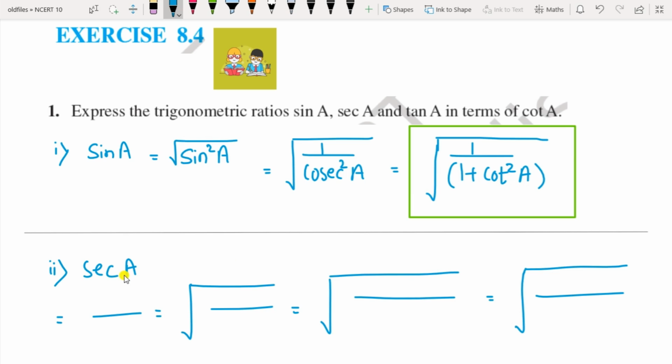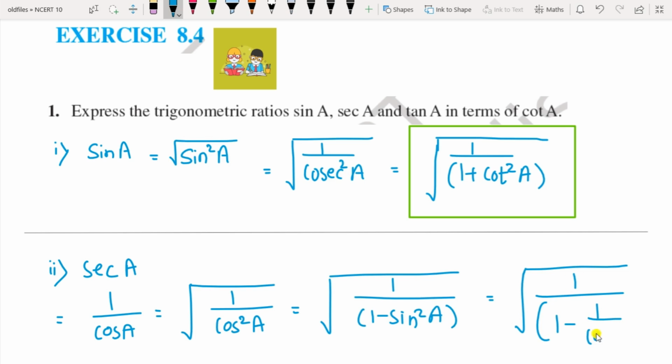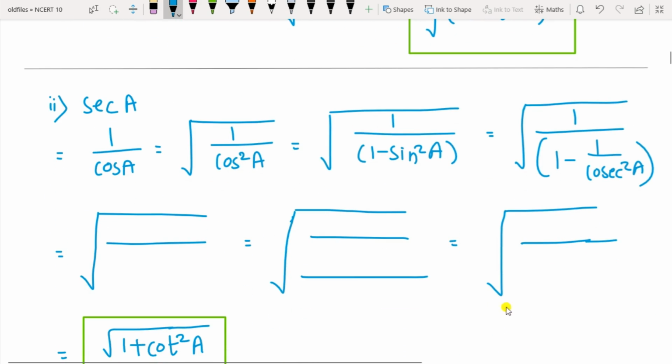Similarly, sec they are asking. Sec means 1 upon cos A. Take it square and under root. So it will be under root of 1 upon cos square A. In place of cos square A, we can write 1 minus sin square A. In place of sin A, we can write 1 upon cosec square A, so it is 1 upon 1 minus 1 upon cosec square A. Now in place of cosec square A, we will write 1 plus cot square A, so 1 minus 1 upon 1 plus cot square A. Now take the LCM of the denominator.